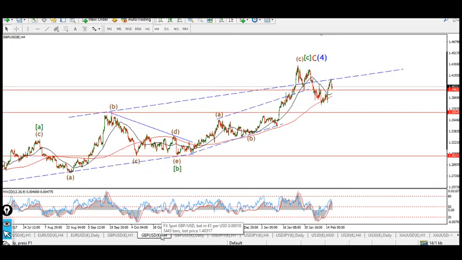Okay, so let's get into pound dollar. Like I said during the week, I haven't switched to the alternate count, which would allow for one more rally up, which was this 3-wave. Let me clarify my own thoughts here for a second.